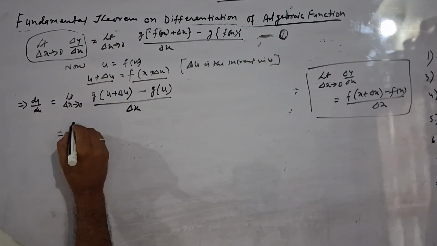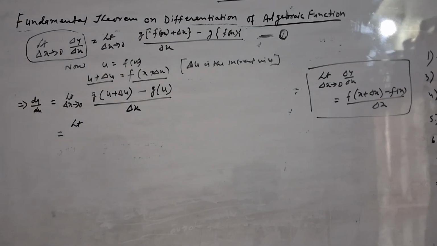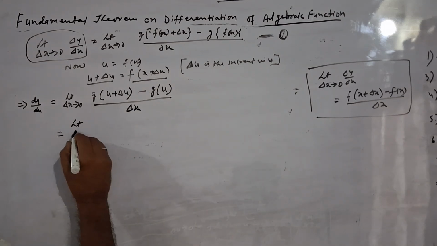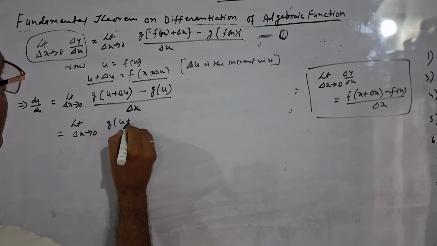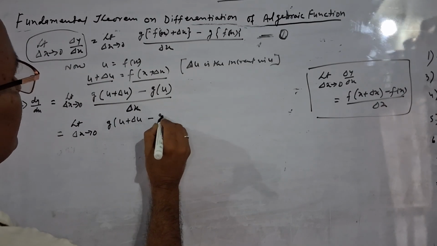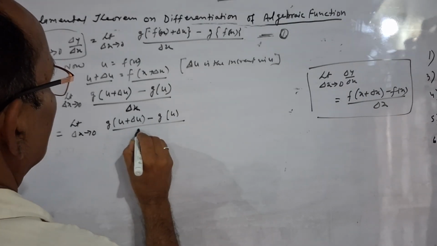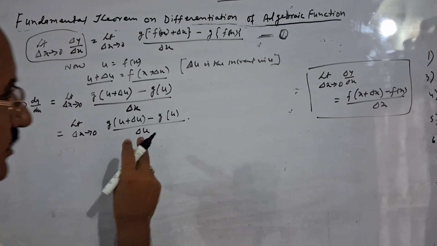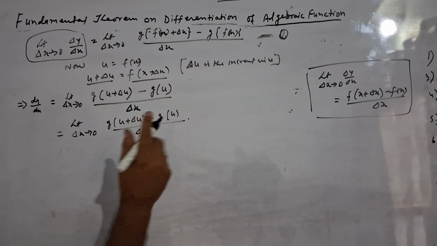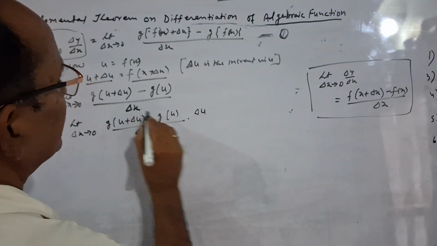For this, we can write limit delta x tends to 0, g into u plus delta u minus g into u divided by delta u into delta u by delta x. We have added this additional term; we can multiply and divide by the same delta u.